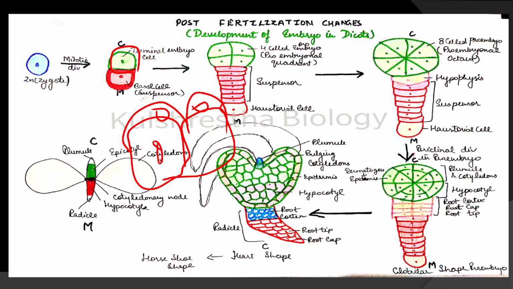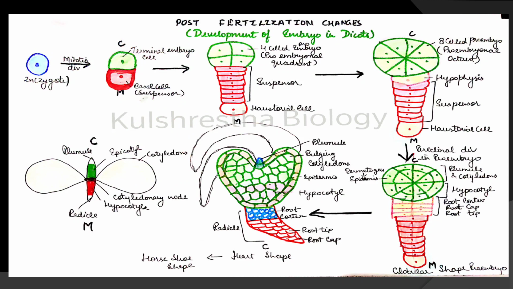To make it clear, I have drawn it like this. This can again divide to form an 8-celled proembryo called proembryonal octant.